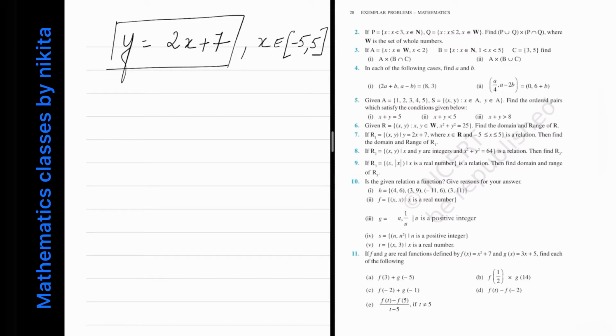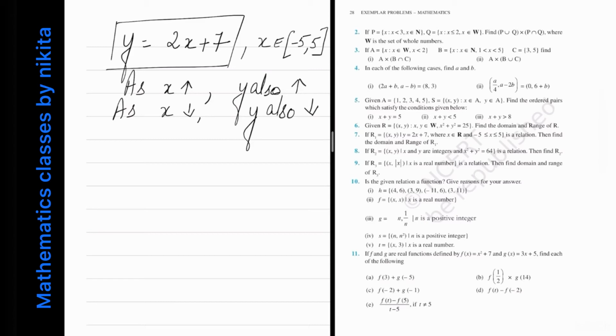So as x increases, y also increases, and as x decreases y also decreases. So therefore what we will do is we will find the minimum and the maximum value of y. From that we will get the range.